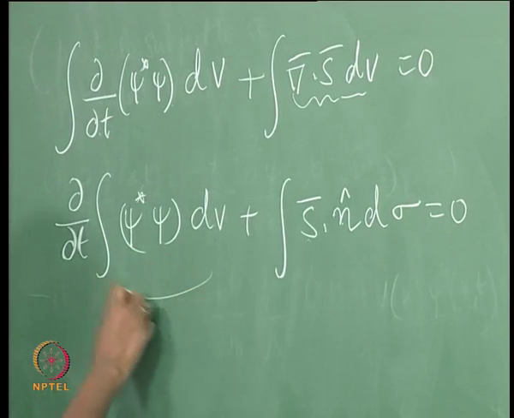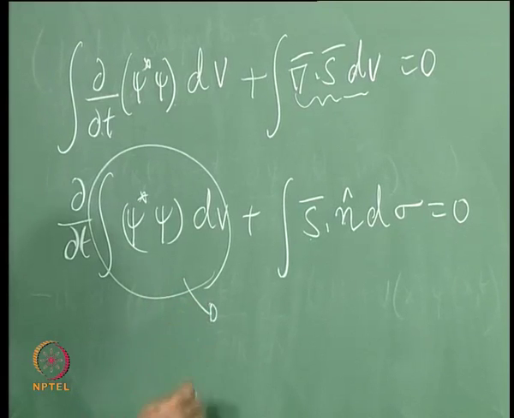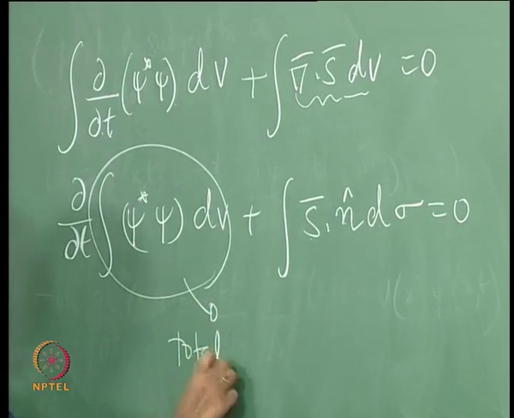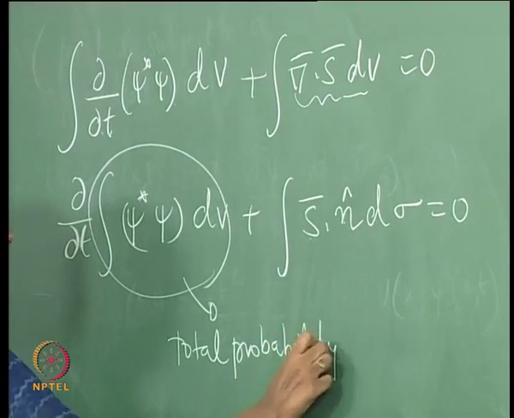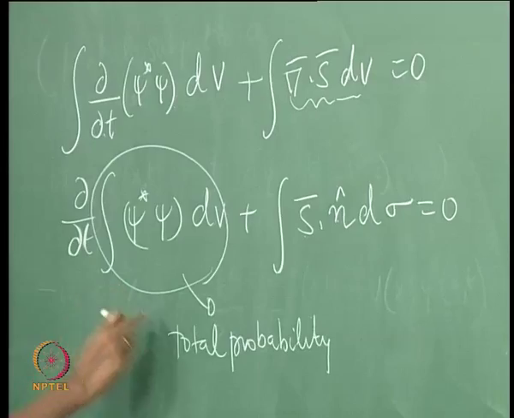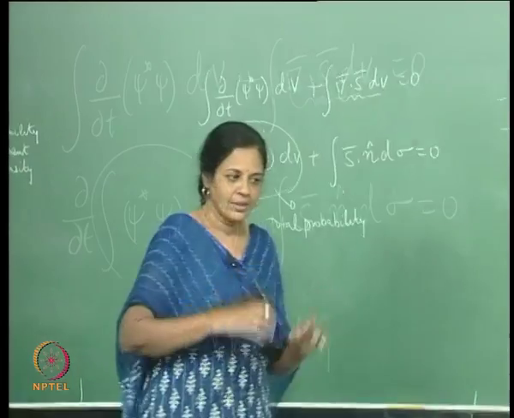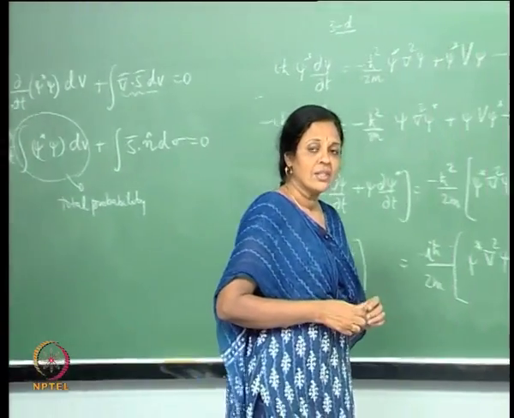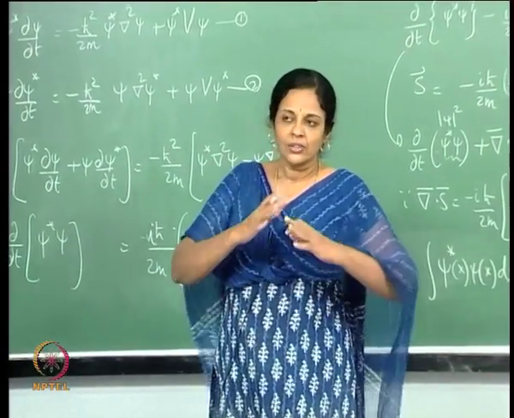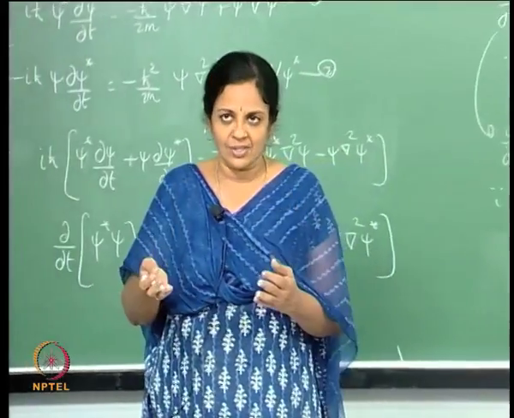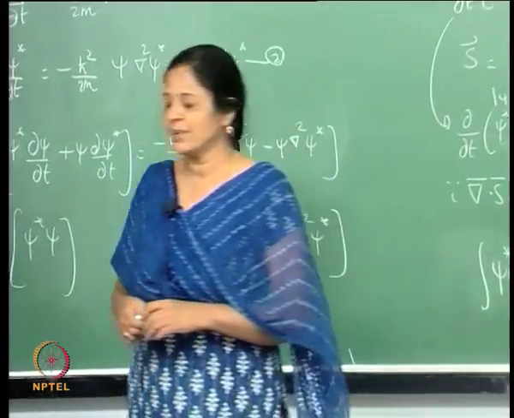The fact that the total probability, that is the interpretation in quantum mechanics, does not change in time, that if you normalize the wave function such that the total probability is 1 at a given time, the total probability that the system exists does not change in time.